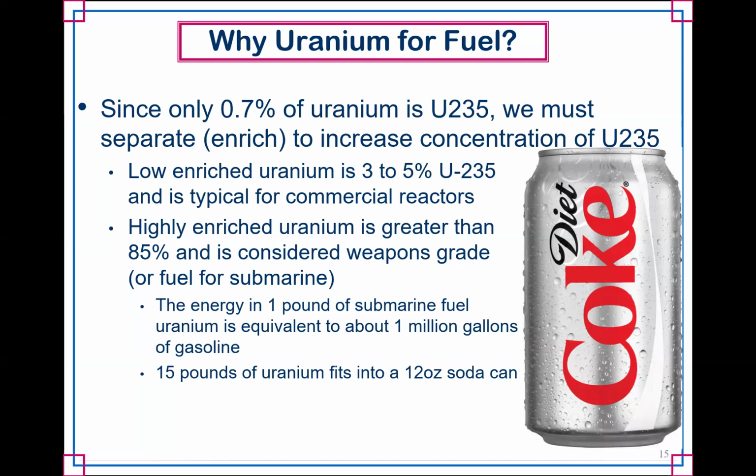But interestingly enough, 15 pounds of enriched uranium fits into a 12-ounce soda can. So in the case of a 12-ounce soda can, you would have the equivalent energy of about 15 million gallons of gasoline. So if you think about energy density, it's just massive, massive amounts of energy density when you compare to a fossil fuel.